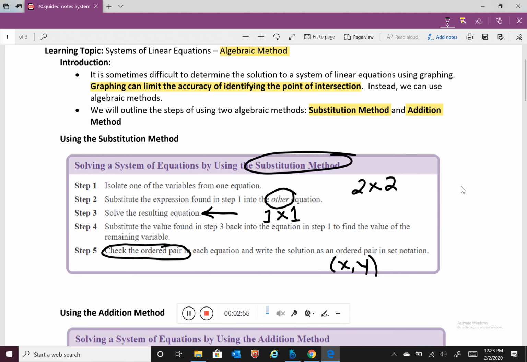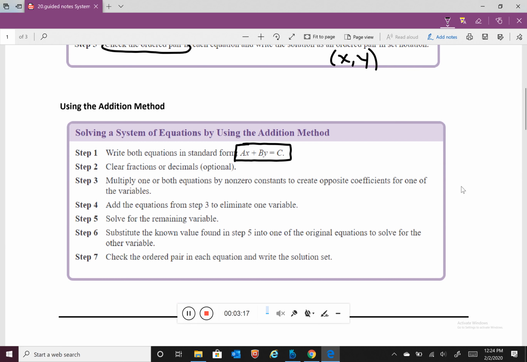And then we also have the addition method. With the addition method, it is to your advantage to get each equation in standard form. So you want to get the x's in one position, the y's in one position, and then set equal to the constant.